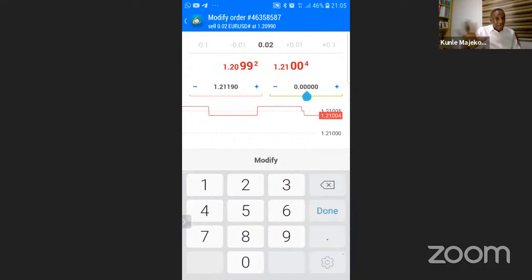Then don't worry if you don't understand me, don't worry. I'm coming to you. Then my take profit, let's take 40 pips. I reduce 40 pips from this one, and that would be 1.2059.